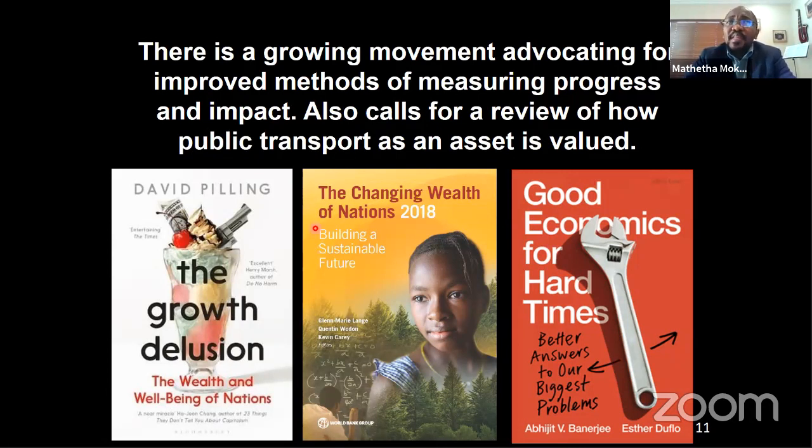The interesting thing is how public transport now needs to be valued as an asset, not just in accounting terms, as in I have so many buses, I have so many tires, I have so much fuel, this is my inventory, but what is the intrinsic value of that service? So we're seeing that movement gaining traction and momentum. We need to embrace more of that in the metrics at a policy level.